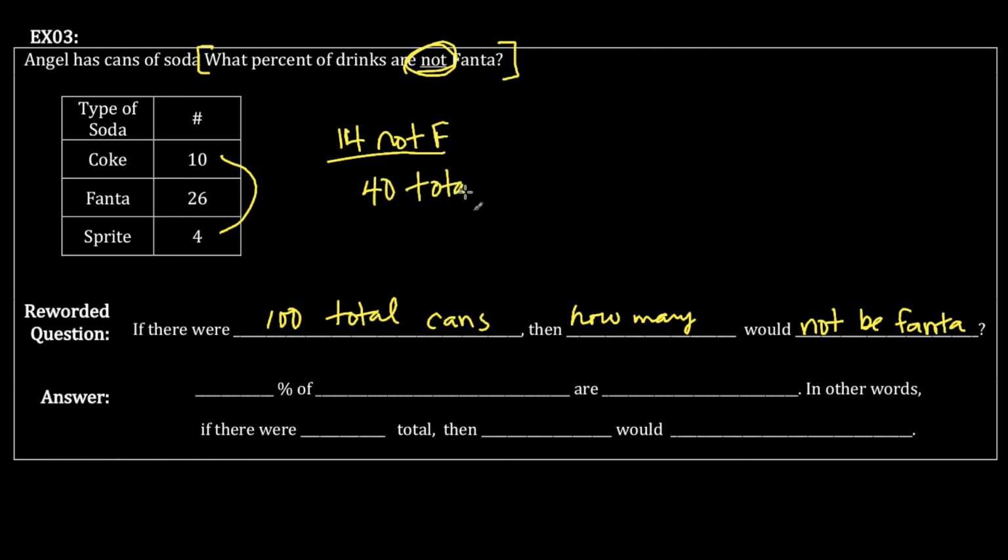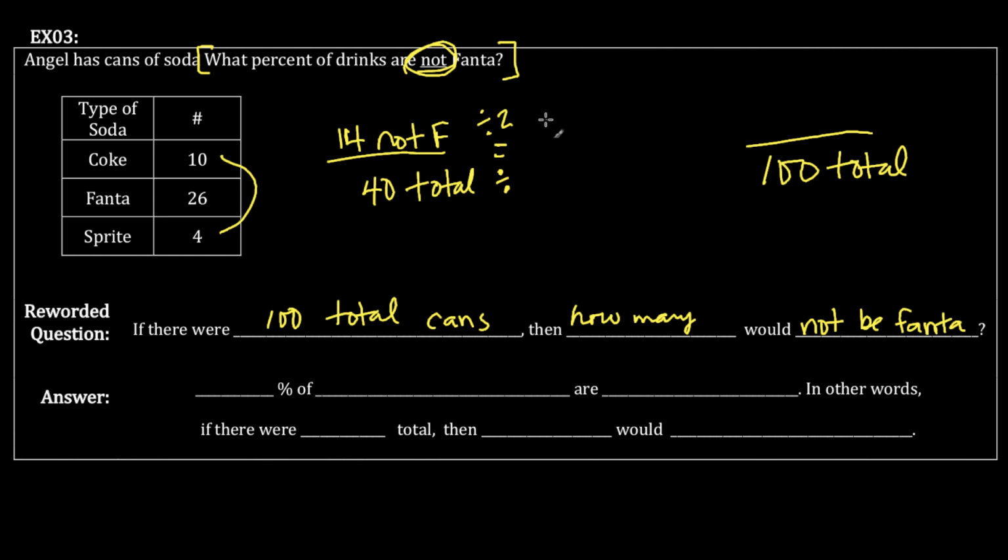We're trying once again to get to 100 total. That's what percent means, out of 100. I'm going to have to reduce in this case, because 40 times what is 100, we'll probably have more difficulty with that.